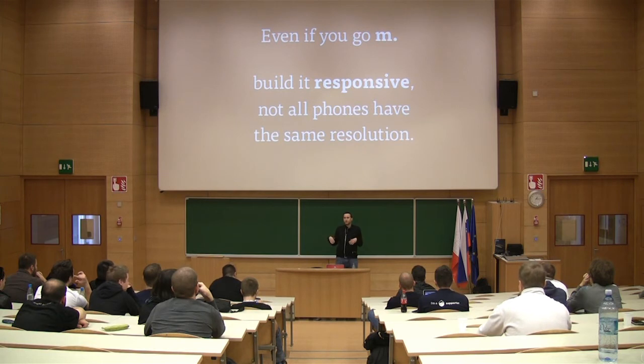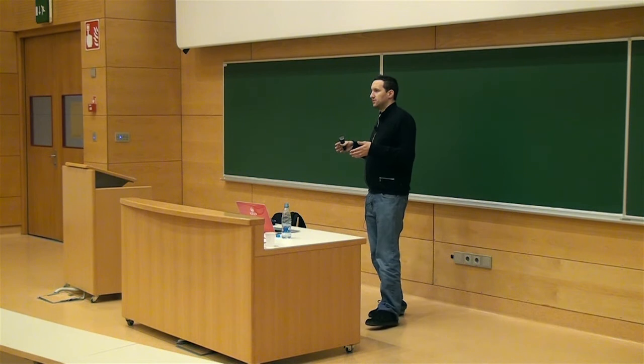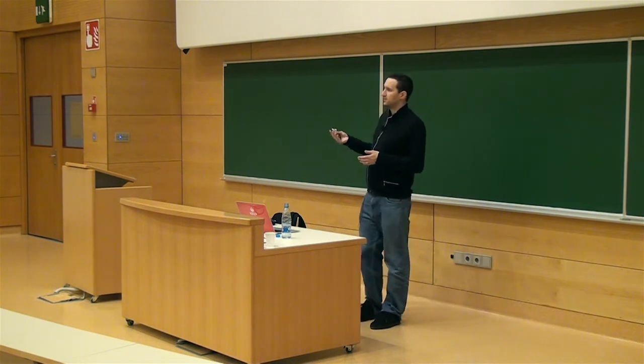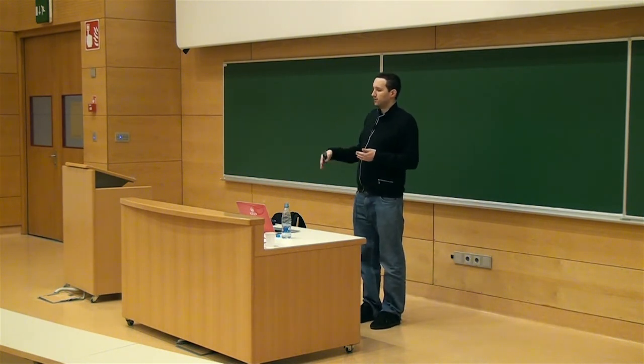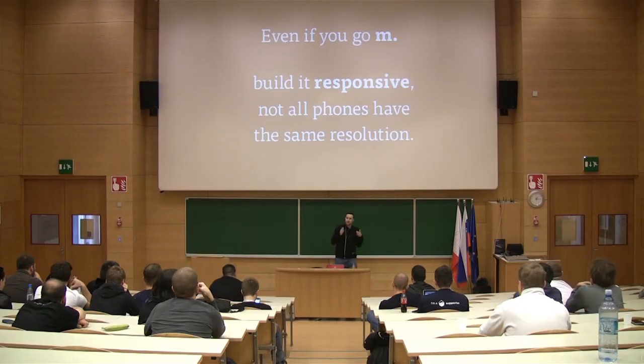Usually they split it by 2, so that's going to be 5 something. 5 what? 560, 580, whatever, 540. And iPhone is what, 320? That's a lot of difference, right? So you might want to think about doing everything fluid, doing everything responsive, even if you're setting up for just a mobile website.